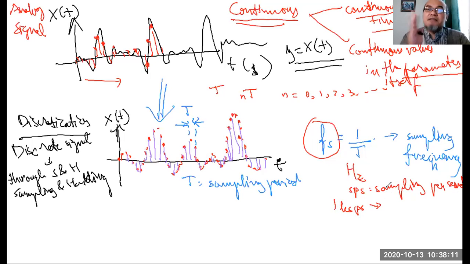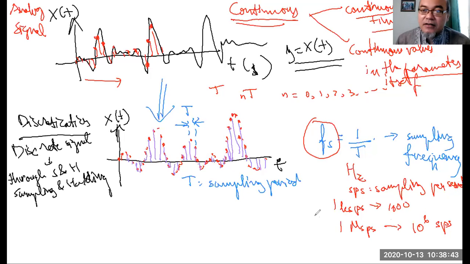The oscillator must generate a frequency higher than 1,000 hertz because it needs to sample every 1 millisecond, 1,000 times per second. If we have 1 MSPS, this is 1 mega sampling per second, 1 million samples per second.